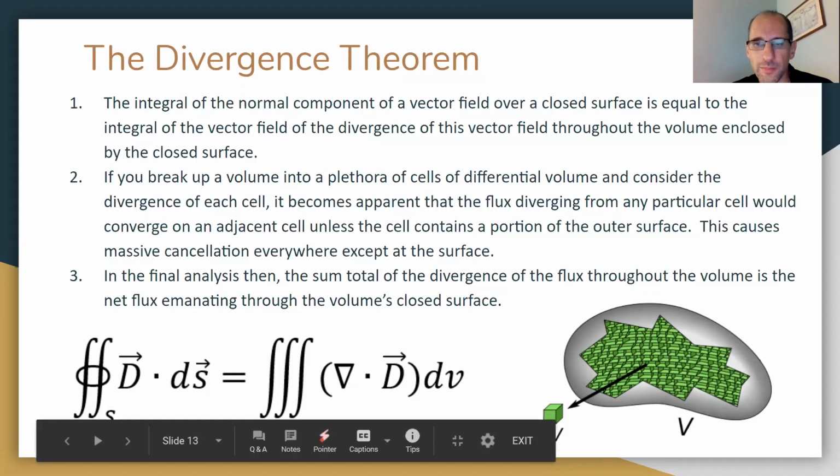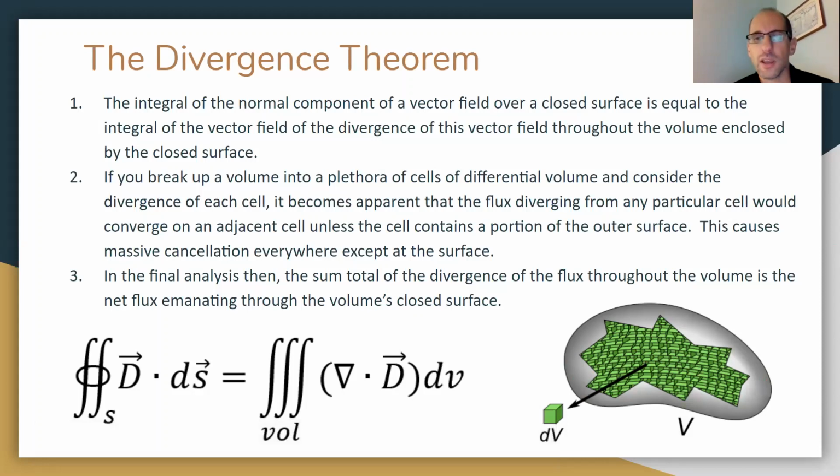So here's our volume. And if you break up a volume into a whole bunch of little cells, each cell being a differential volume, and if you consider the divergence of each cell, then you take this little volume right here and think about the divergence at that location. That would be like the total flux emanating out of that location divided by the differential volume of that location.